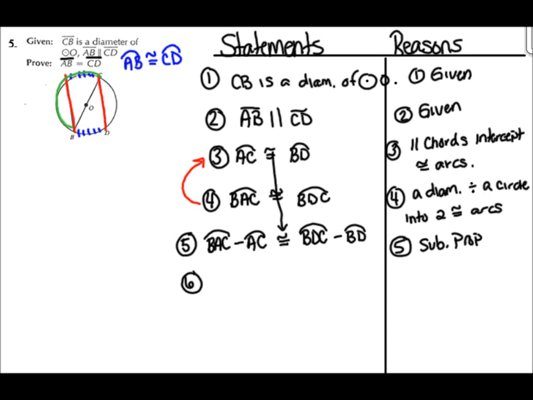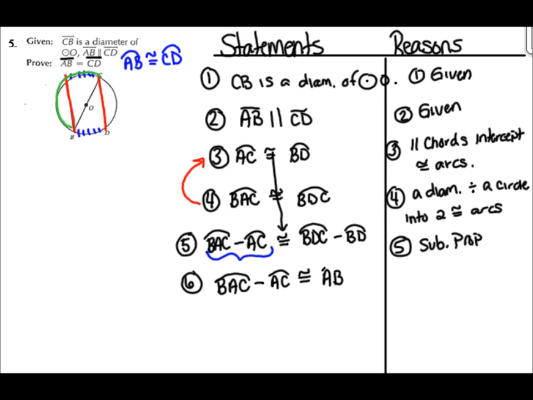Next, we have to take each side of that property. So I'm going to take the left side and say when I have arc BAC and I subtract away arc AC, what do I have left over? And looking at your picture, locate arc BAC, put your finger over AC. What's left?